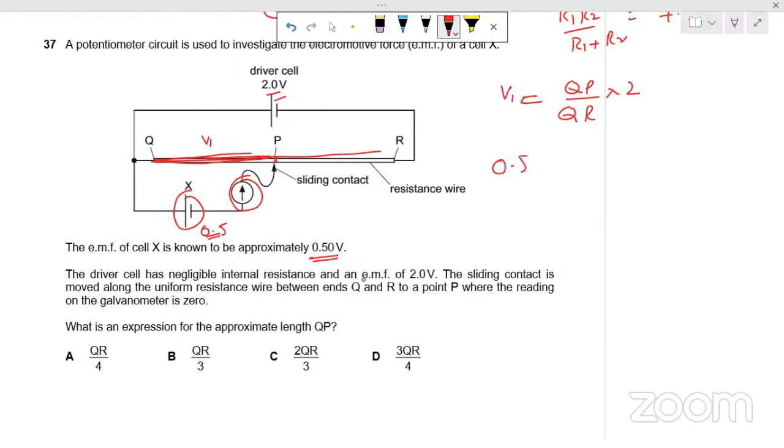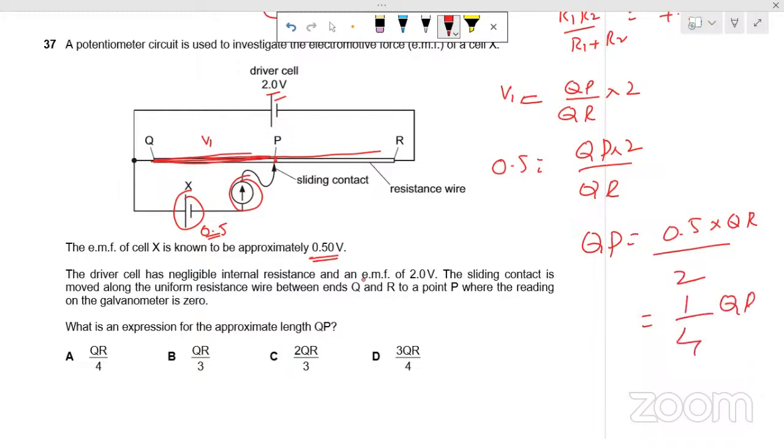So V1 is 0.5 and we have to find QP over QR. So QP is 0.5 times QR divided by 2, that is 1 by 4 times QR. So for 37, option A is correct.